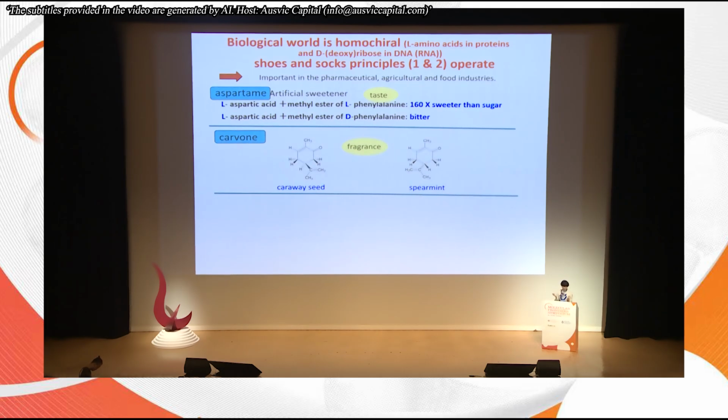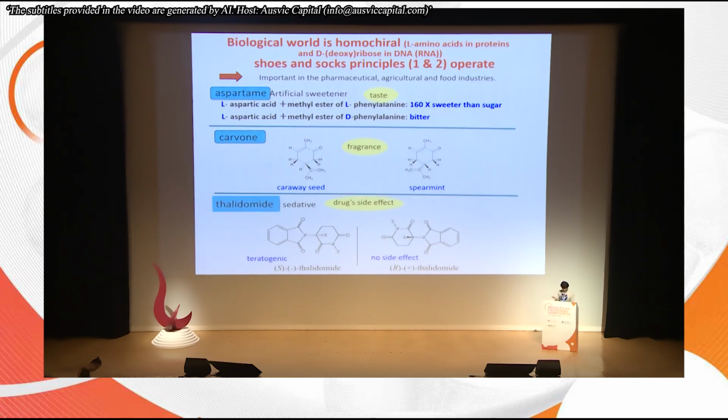This is the mirror image ones, and the fragrance is different. One is caraway seed, one is spearmint. Because our site for fragrance detection is chiral, and at the molecular level they detect the difference, like our foot and shoe.